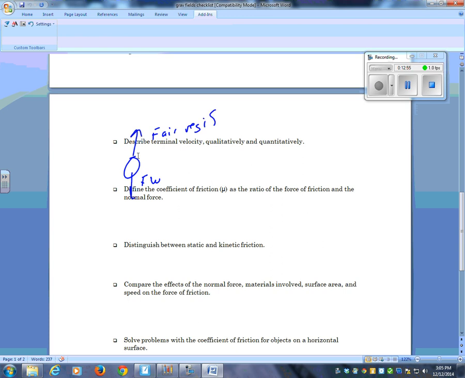So the force of gravity is the same as the air resistance force, right? And when those two things are balanced, your net force is equal to 0 and you no longer accelerate, right?